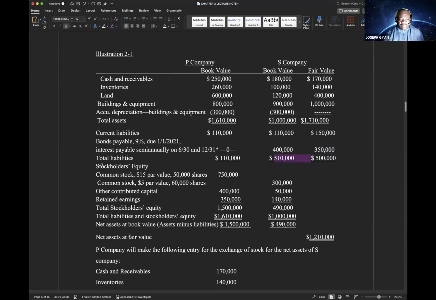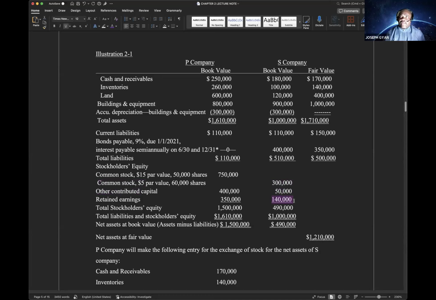Now the stockholders' equity section, we have the common stock of the parent company, the common stock of the subsidiary company, the other contributed capital of the subsidiary company, and retained earnings of the subsidiary company.